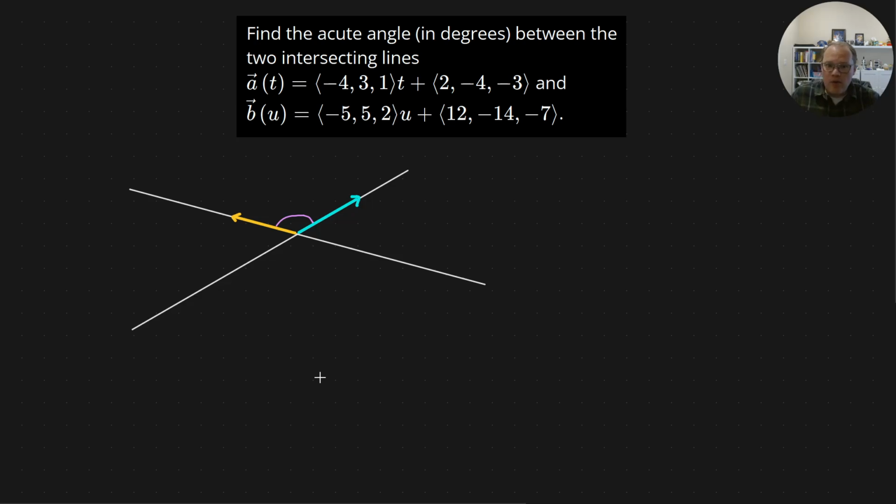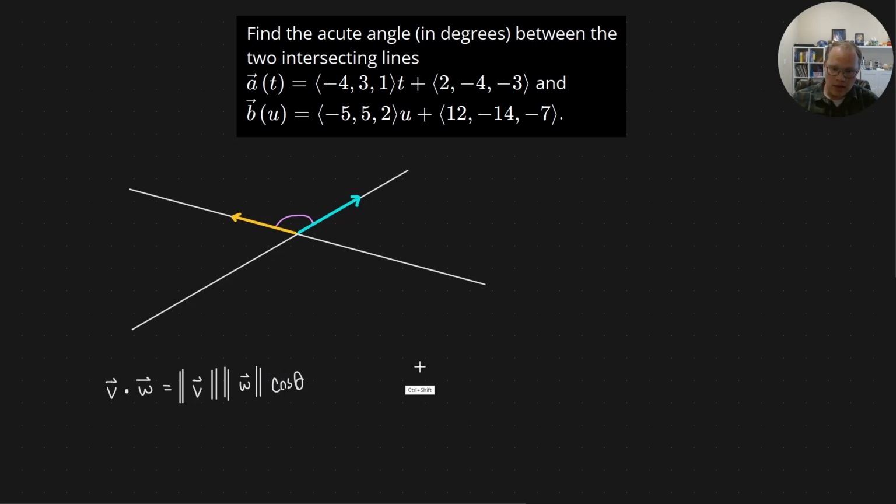Okay, how do we find an angle between two vectors? Well, we have a couple methods, don't we? For two vectors, let's call them V and W. The dot product between V and W, remember, is norm of V, norm of W, cosine theta. So that's one way to get at that angle.